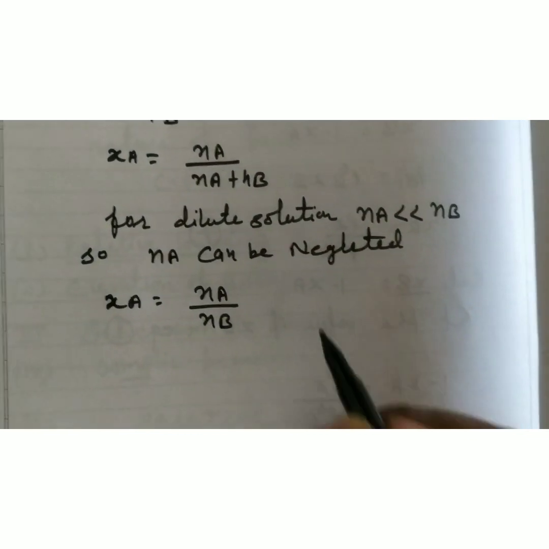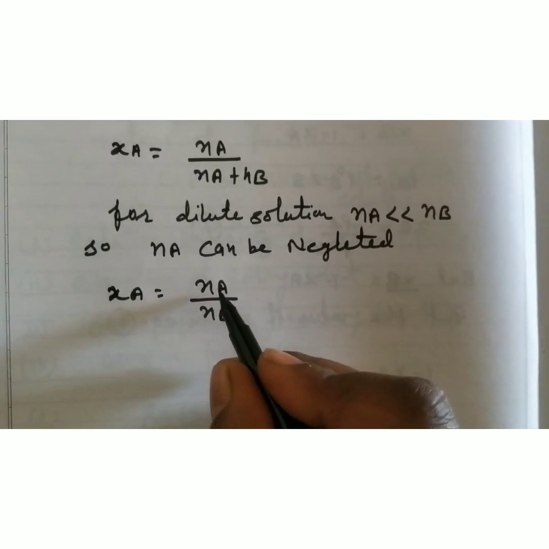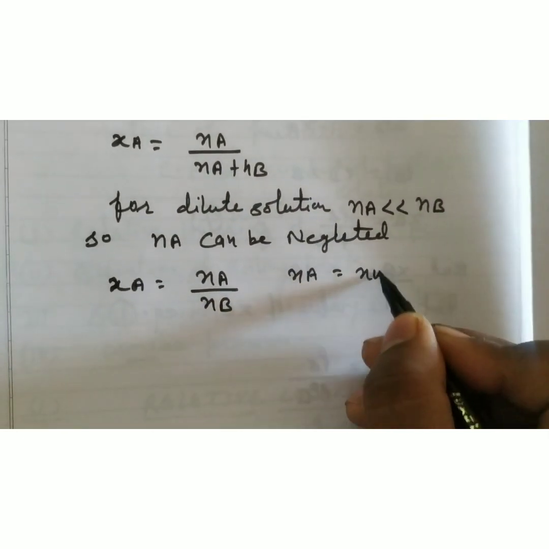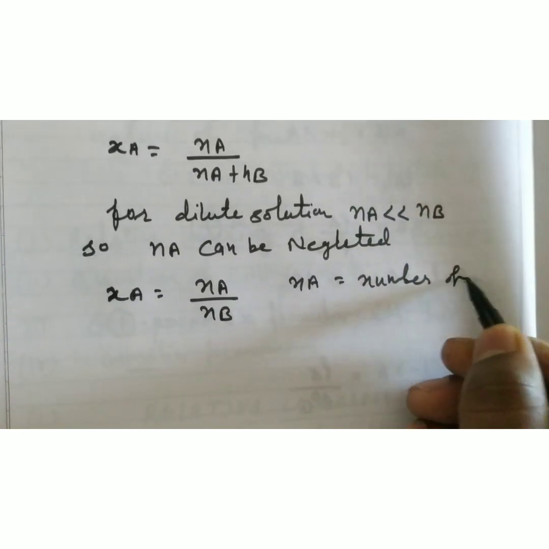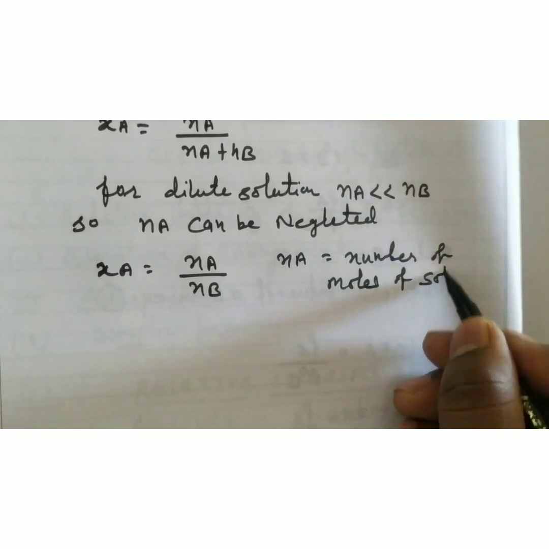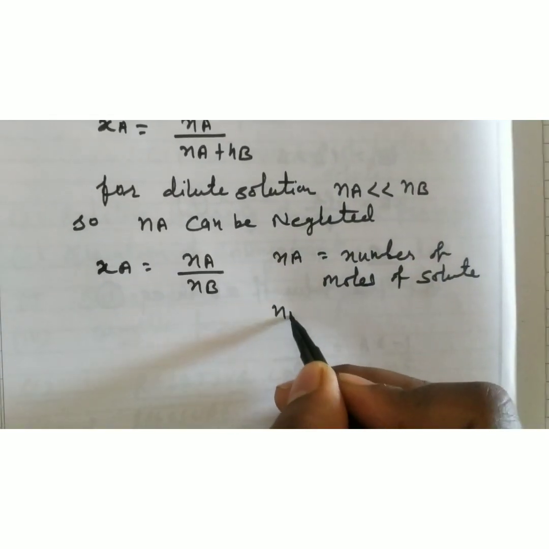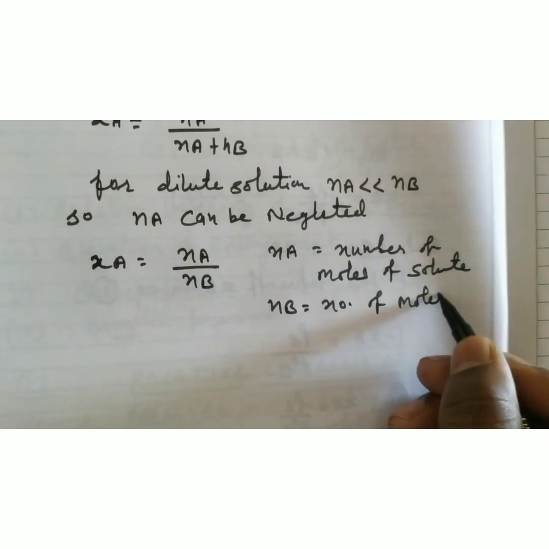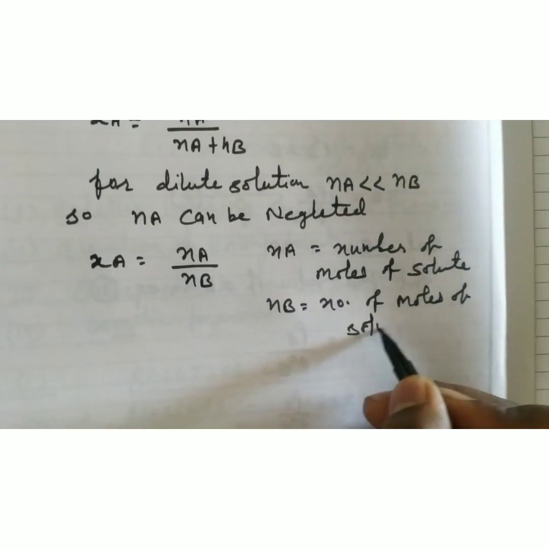Clear? Where Na is the number of moles of solute, while Nb is the number of moles of solvent.